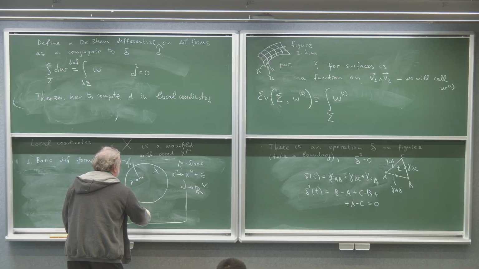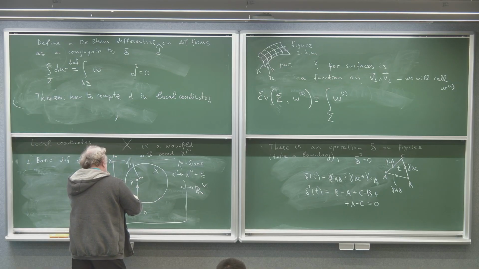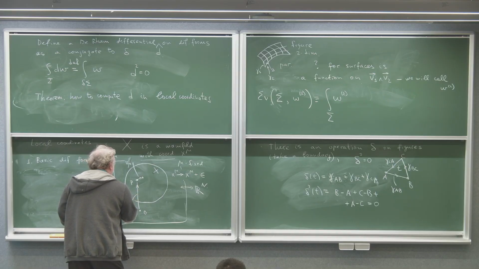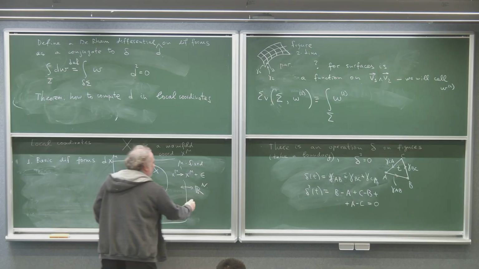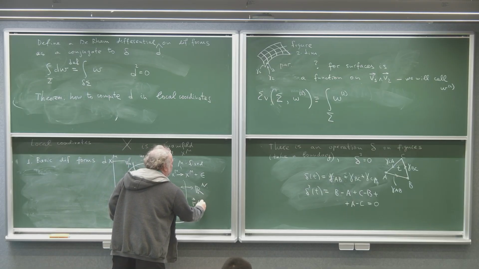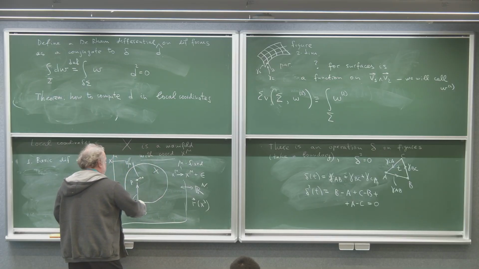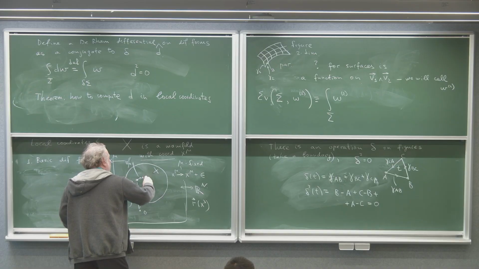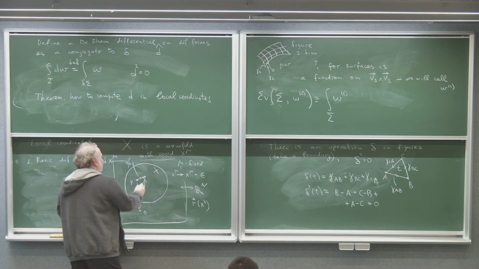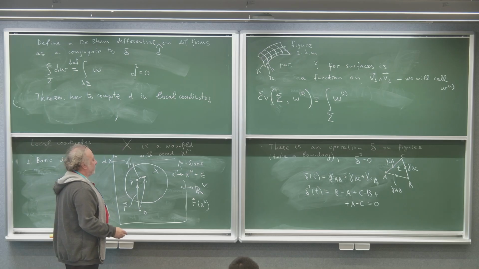Take a base point 0. Then you have this radius vector. It's a function of x now. So what is this?